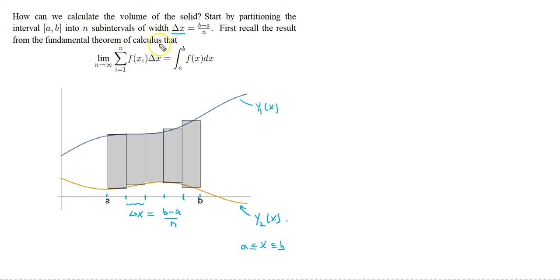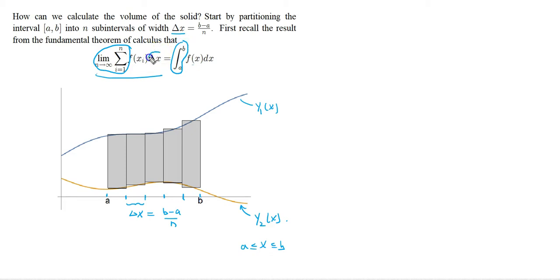Now recall from the fundamental theorem of calculus, this is actually part of the way the fundamental theorem is proven. If we look at the limit as n goes to infinity of the summation of f of xi times delta x, that's equal to our definite integral of f of x. So when you see something like this, you should realize that this part right here, the limit of the summation, turns into an integral right here.